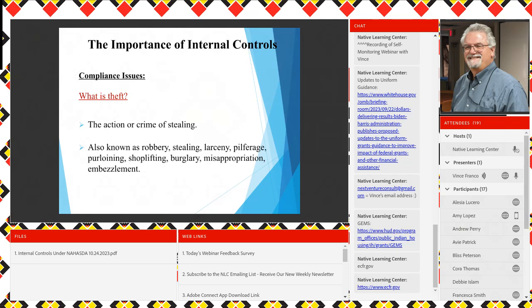All of those things are coming down. Now, all of those are an issue. We have to have mechanisms in place. That's what I mentioned before. Internal controls are to mitigate and to protect the program against fraud, against theft.